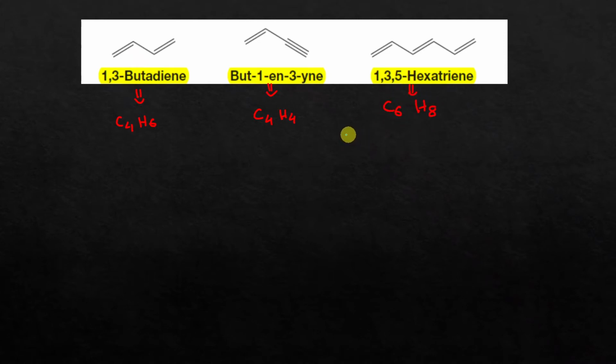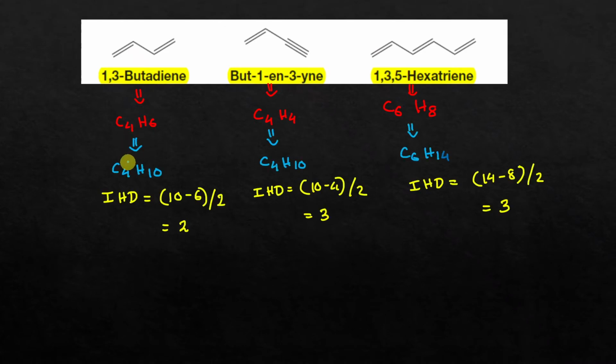Now you have to determine its corresponding acyclic alkane. The corresponding acyclic alkane is C4H10. Similarly, for the second compound it is also C4H10, and for the third the acyclic alkane is C6H14.